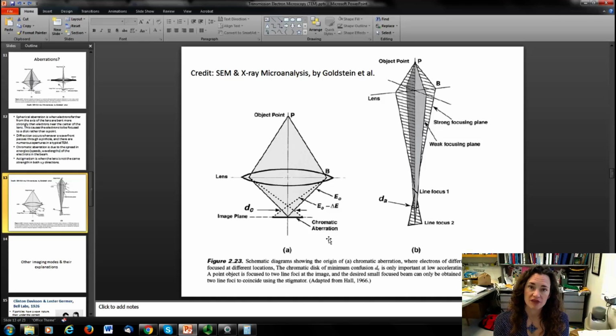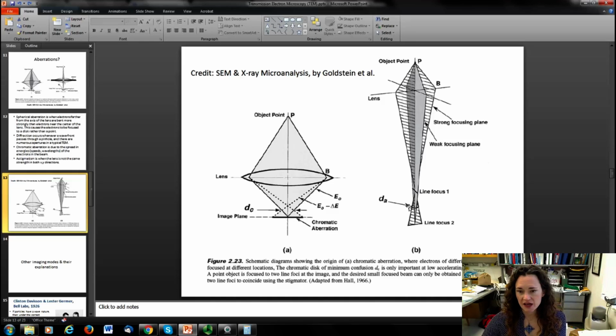And so that changes the focus of the electron beam, which changes how well you can image. All right, so what they've done in those aberration-corrected TEMs is they've worked really hard to select out specific wavelengths of electrons in a very narrow energy band, and that helps eliminate that type of defect.